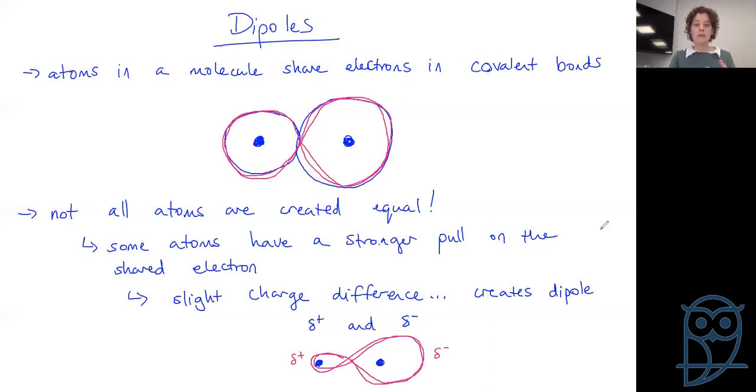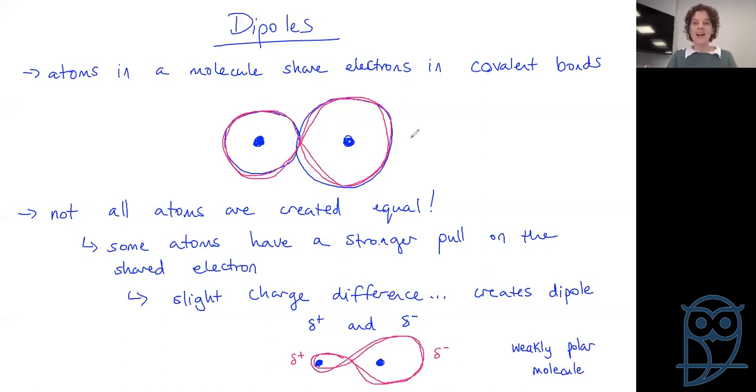So each time you see one of these, we're getting a charge difference. We're getting polarity. So what we call here is a weakly polar molecule. So your ions are your polar molecules. Your dipoles are your weakly polar molecules.